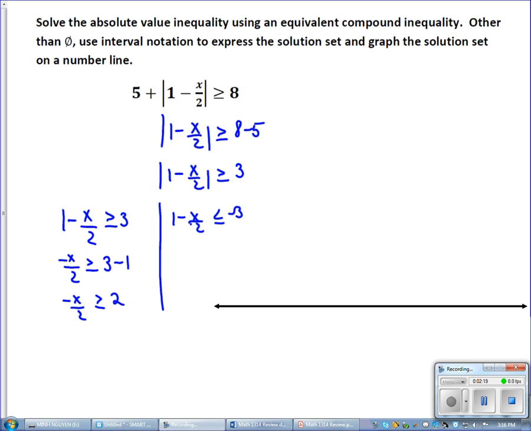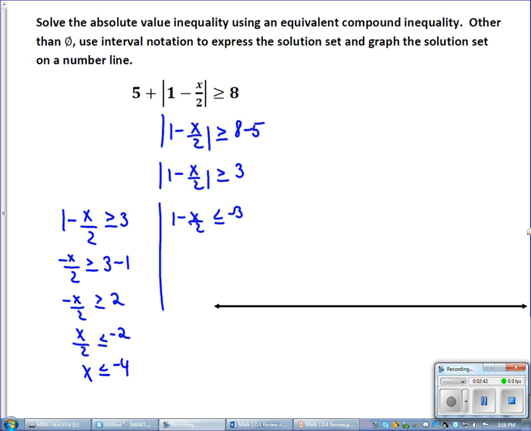So we have x over 2 is less than or equal to negative 2. The last step is to multiply both sides by 2, so we have x is less than or equal to negative 4.